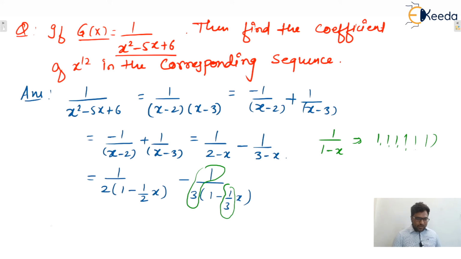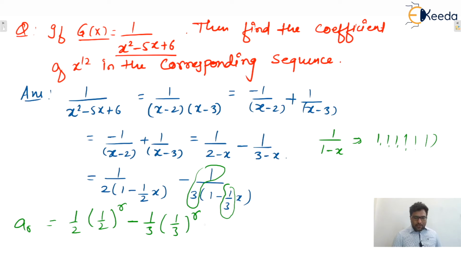So a_r will be 1 by 2 as it is, then 1 by 2 raised to power r multiplied with 1. No need to write the 1. And minus, this one becomes 1 upon 3 into 1 by 3 raised to power r.